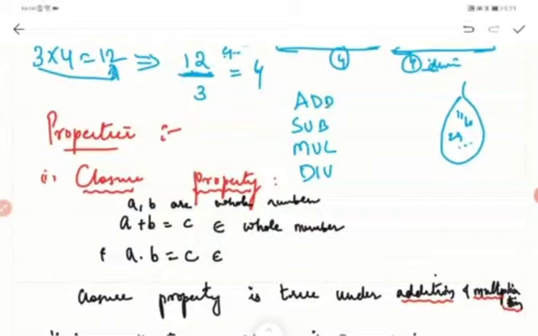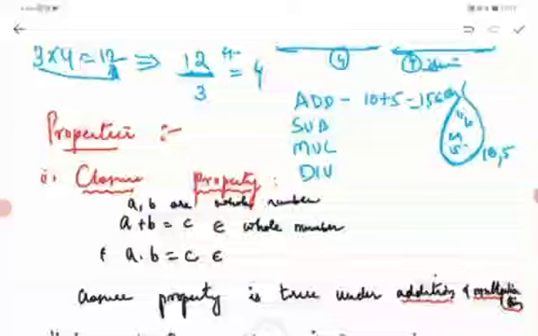Closure property under addition says take any two numbers. If I take two numbers as 10 and 5, and add 10 plus 5, how much are we getting? We are getting 15. So this belongs to whole numbers again, right?